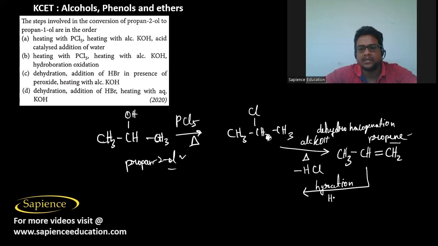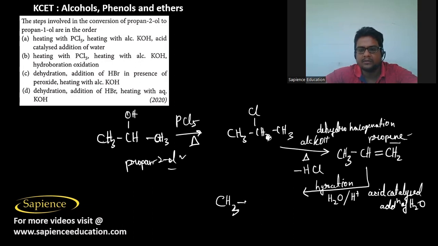Acid catalyzed addition of water is called hydration. So here this alkene would be converted into a 1 degree alcohol, which means propan-1-ol will be formed, CH3CH2CH2OH.